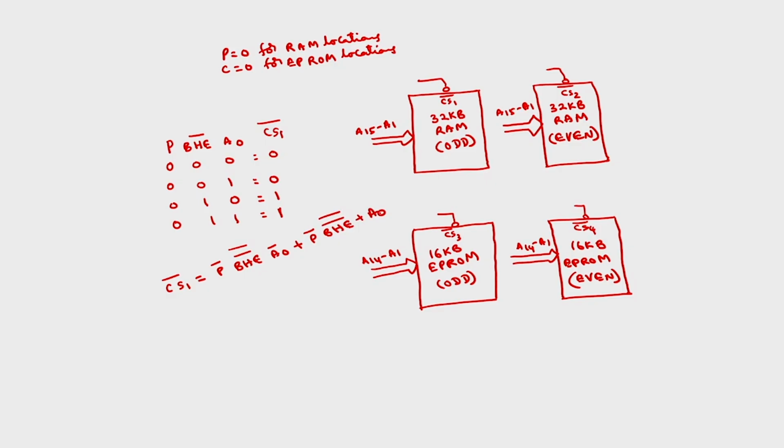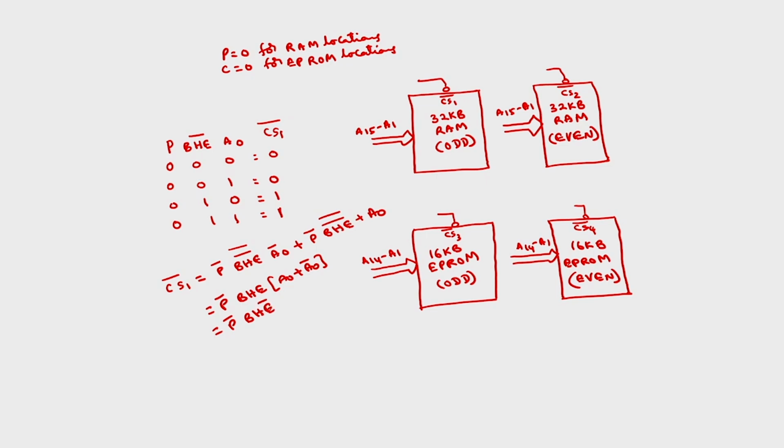Here A0 is 1 in one case and 0 in the other. If I take P bar and BHE double bar, of course BHE double bar becomes BHE, and if I take this as a common factor, you will get A0 plus A0 bar. This is equal to simply P bar BHE bar.